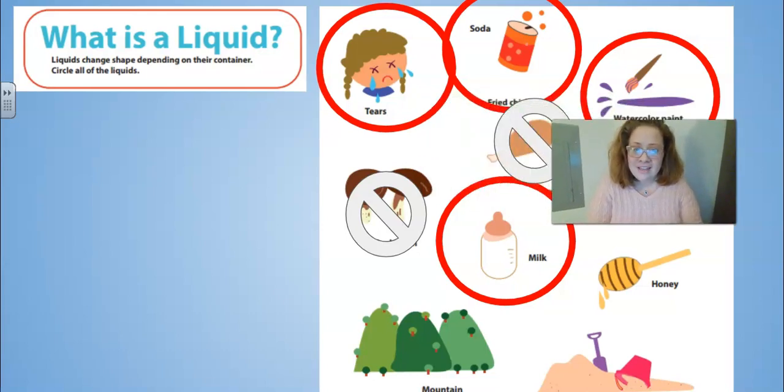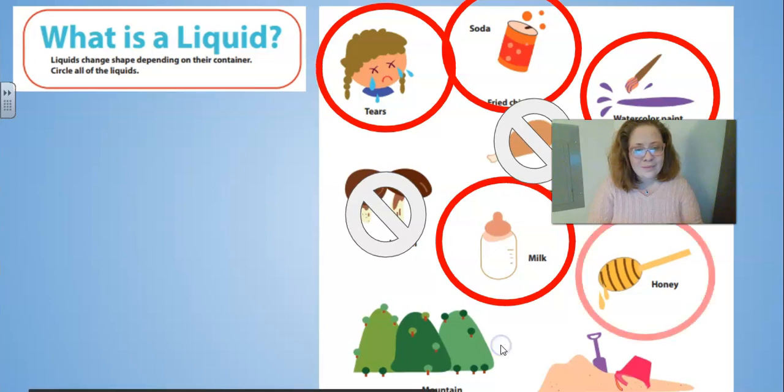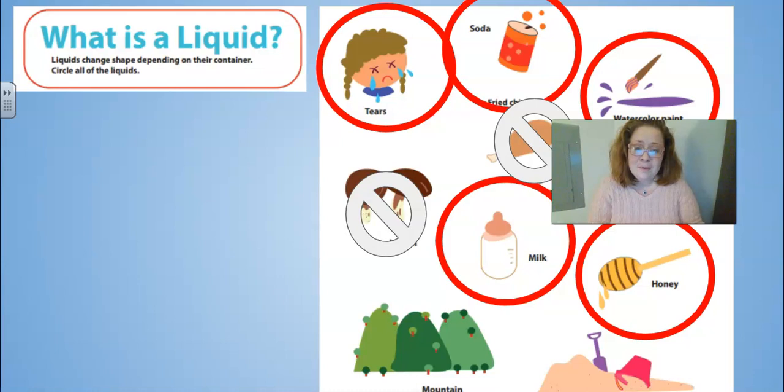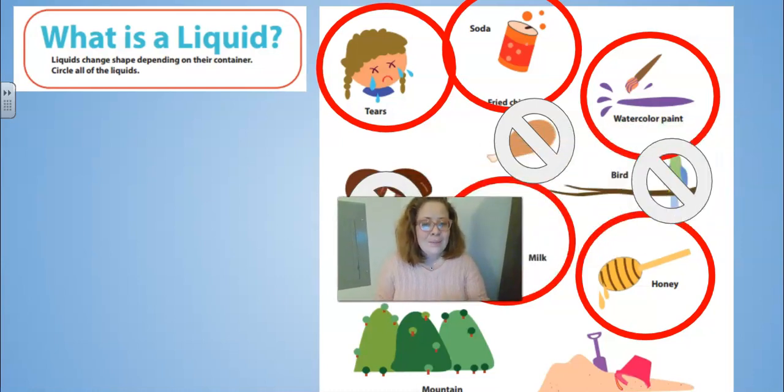How about honey? Is honey a liquid? Yes or no? Yes, honey is a liquid. It can take the shape of its container. What about mountains? Are mountains a liquid? Yes or no?